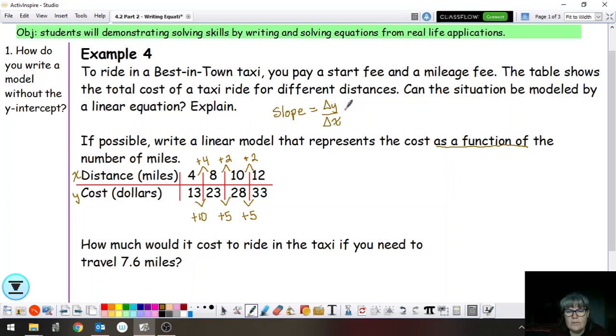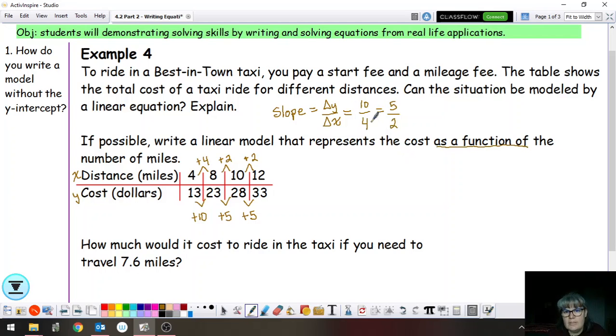So we have two different changes in the y. We have a change of 10 and we have a change of 5. For the x, when we had the change of 10, we had a change of 4, and when we had the change of 5, we had an increase of 2.